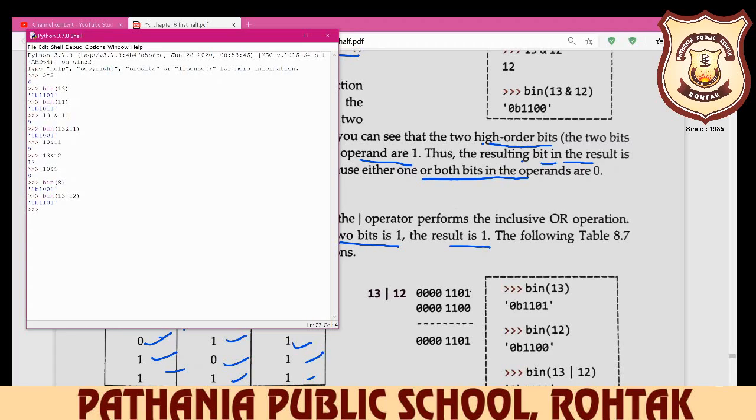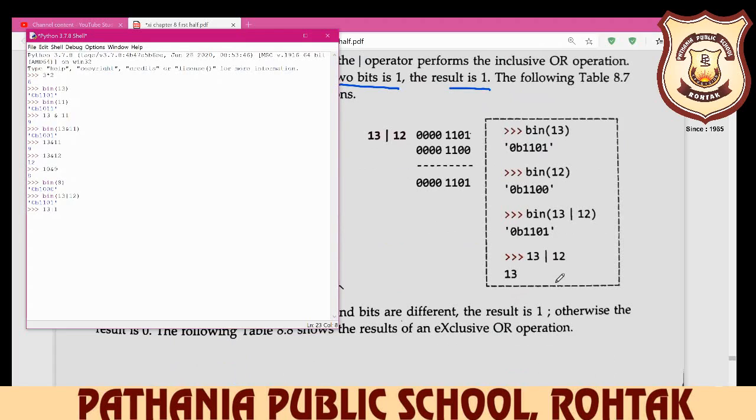But when you write down simply 13 bar 12, it displays the answer 13. But in the AND operator it displays the answer 12, and in the OR operator it displays the answer 13.